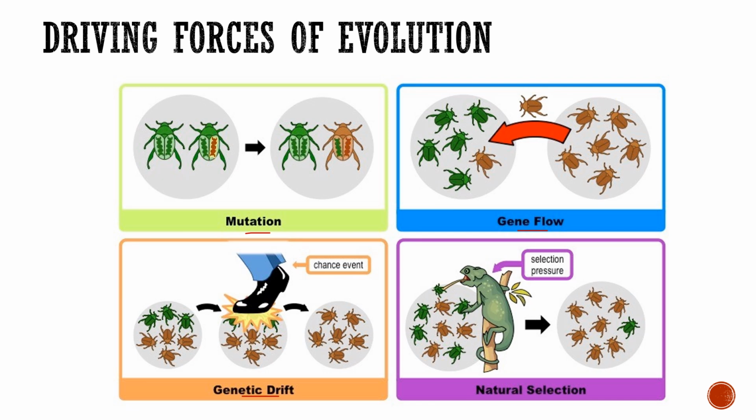With genetic drift, we have some type of chance event that decreases the amount of alleles in a population at random. Or we also have natural selection, where there's some type of pressure that selects one allele over the other.